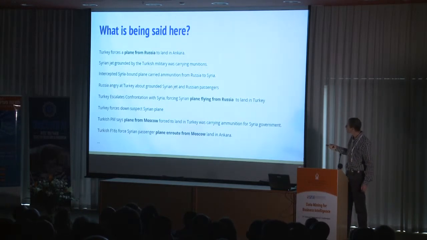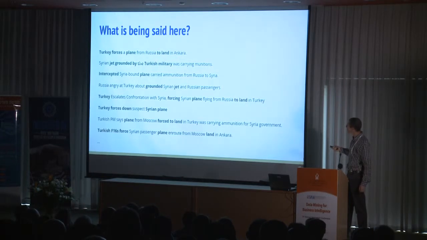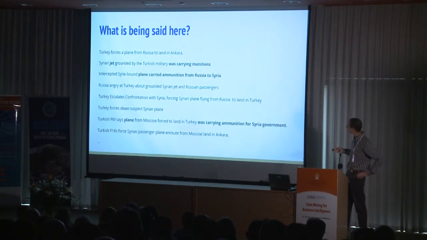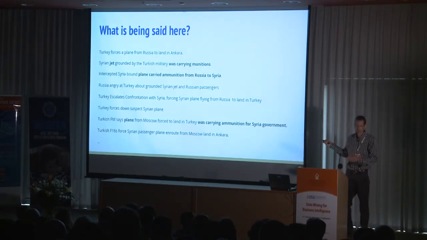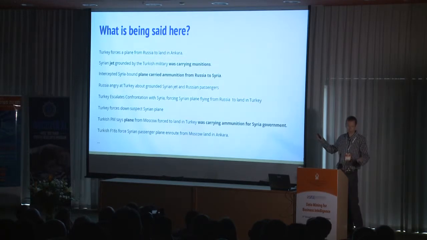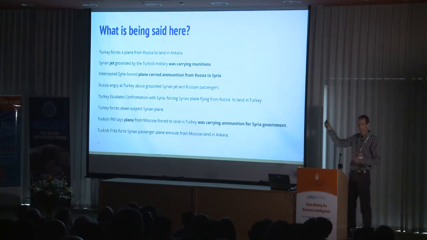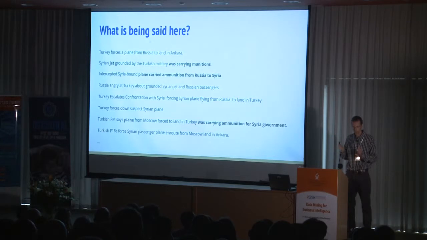And we might see that there was some plane flying from Moscow, Russia. This plane was forced to land by Turkey, was grounded, was intercepted, different ways to say the same thing. This plane was carrying ammunition. It was a civilian passenger plane. That's probably why it was grounded by the Turks, and so on and so forth. So we can go with our marker and try figuring out what the facts are.